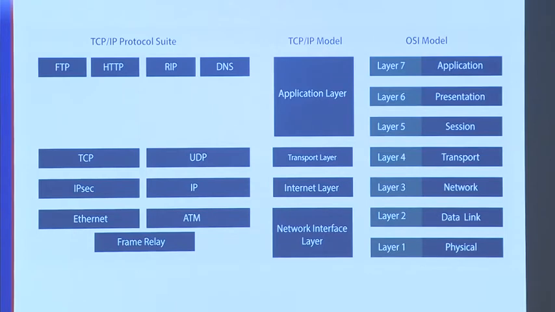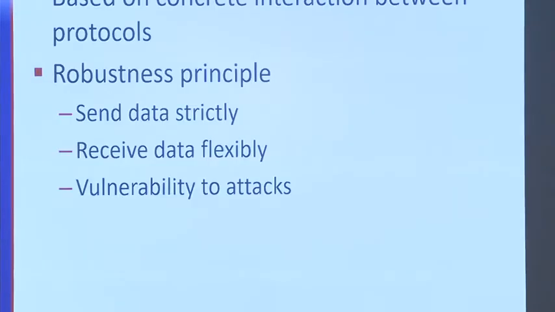RIP is actually an application, but it utilizes what it learned at the network layer. It reaches down to the network layer and pulls that information up to decide where to send the traffic. So RIP runs at the application layer.